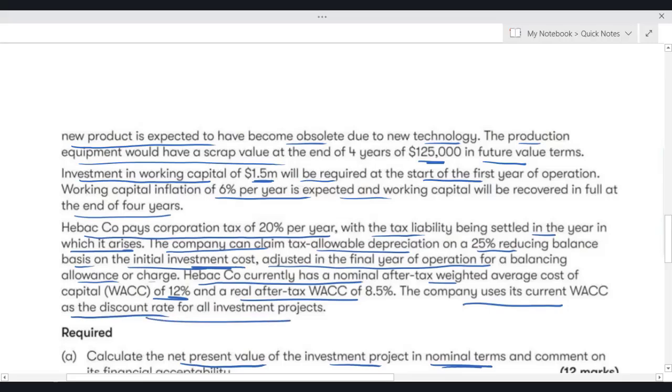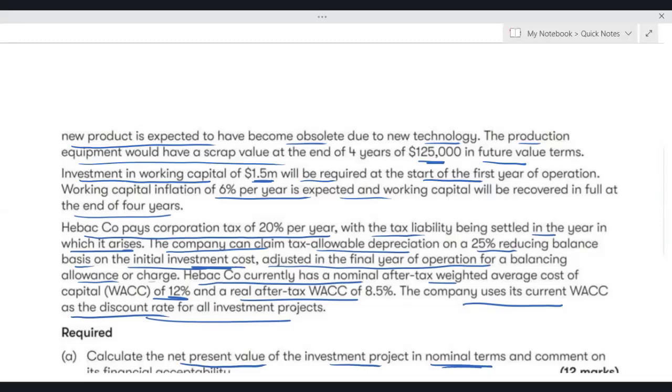Logically, whenever you are making investment in a different business or industry, you should not be using your current WACC. You should be using a risk-adjusted cost of capital, because business risk will change, and then your existing cost of capital will not be so relevant.